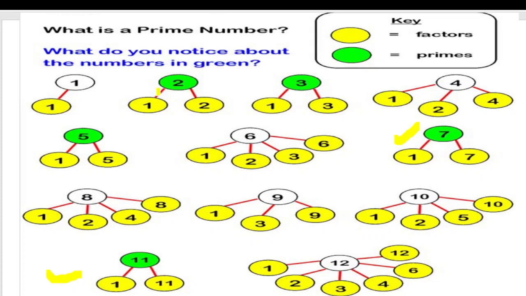So green are prime and yellow are factors.